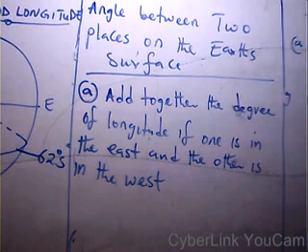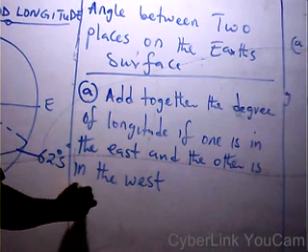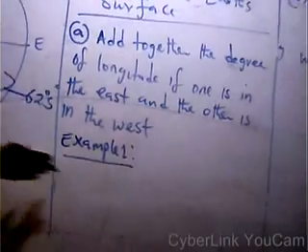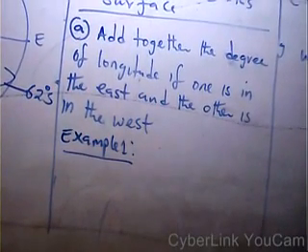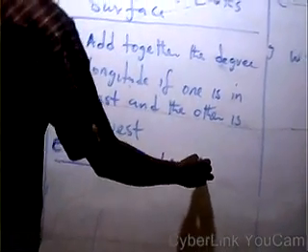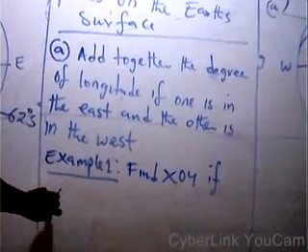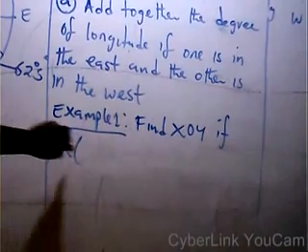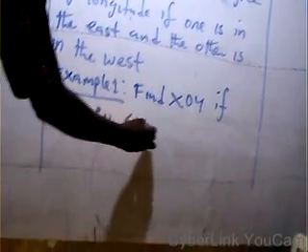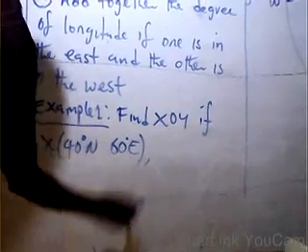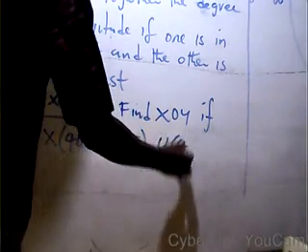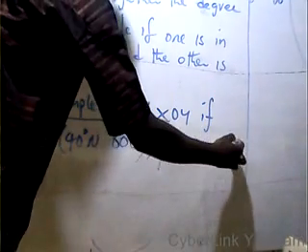Example 1. Find angle X, O, Y. If we have X to be latitude of 40 degrees north, longitude of 60 degrees east, and Y is such that 40 degree north, and 70 degree west.